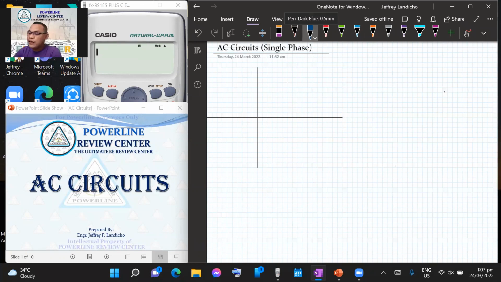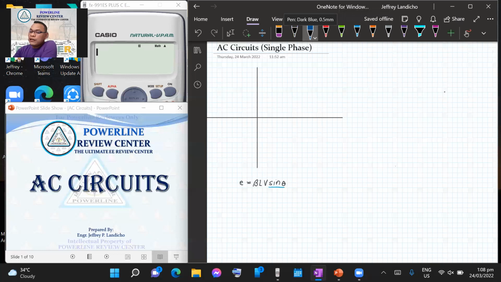So basically, kung babalikan natin yung ating dynamically induced voltage, that is the induced voltage sa ating generator and motor, so E is equal to BLv multiplied kanina, no? You have sine theta. So ibig sabihin that the given generated or induced voltage, that is directly proportional to the value of our sine function.